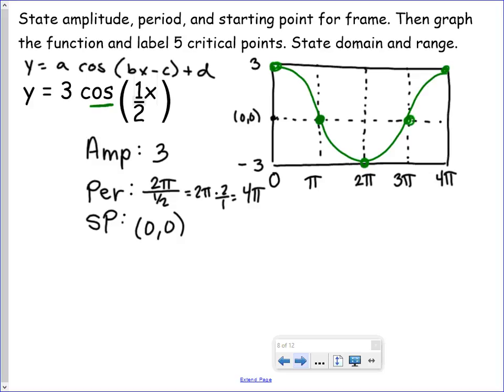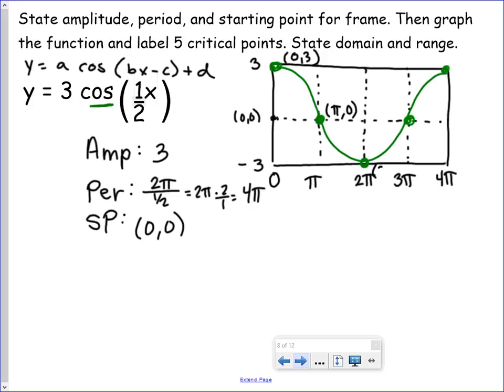The last thing you want to do on your actual frame is go through and label those points as ordered pairs. Okay? So you basically have everything labeled around the frame, putting the points down, not too terrible. So this point has an x value of 0 and a y value of 3. Here we've got an x value of pi and a y value of 0.